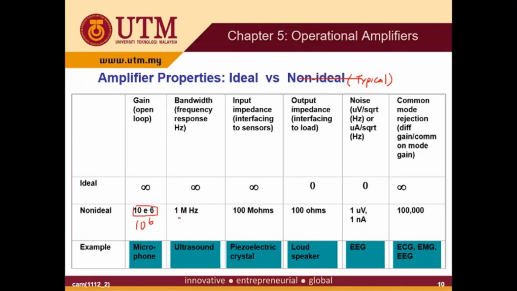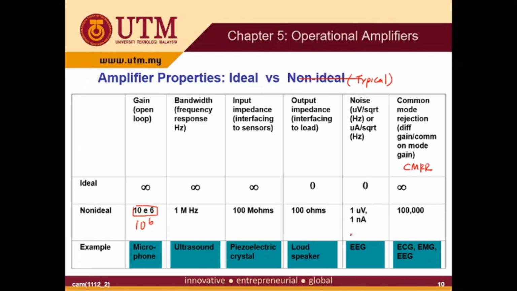The bandwidth is limited, typically to 1 megahertz. Input impedance is around 100 mega ohm, and output impedance is around 100 ohms. And CMRR is around 10,000.